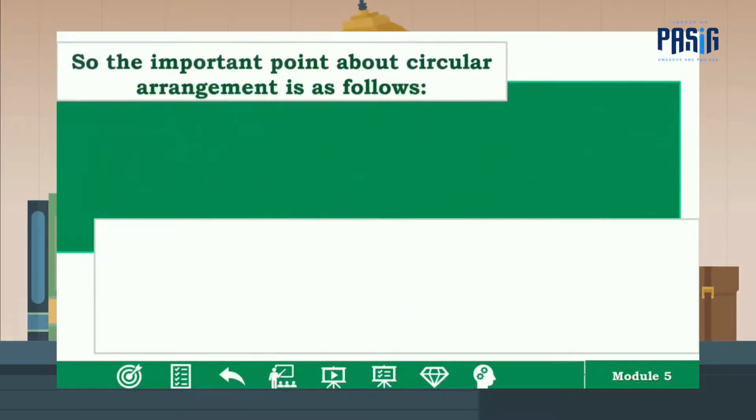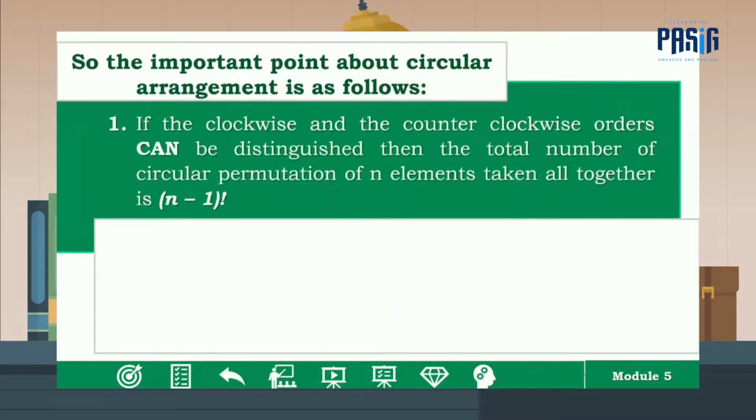So the important points about circular arrangement are as follows. Number 1, if the clockwise and the counterclockwise orders can be distinguished, then the total number of circular permutations of n elements taken altogether is the quantity (n minus 1) factorial.